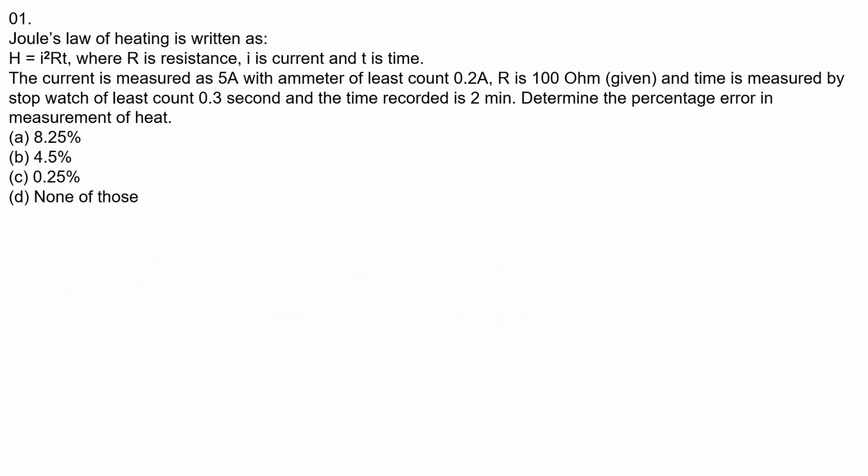Okay, we have some questions based on this error analysis. The first question is from Joule's law of heating. We know that Joule's heating is given by this formula, where R is resistance, I is current and T is the time. The current is measured as 5 ampere with an ammeter of least count 0.2 ampere. So the value of current is 5 plus minus the least count, because we cannot exactly tell the value, because of the least count limit of the instrument.